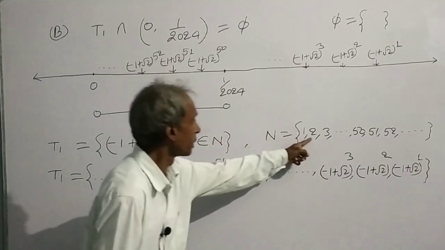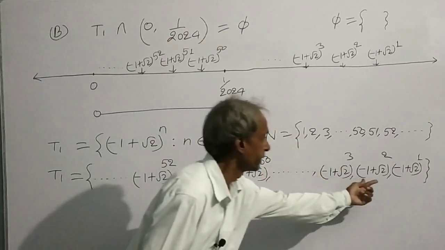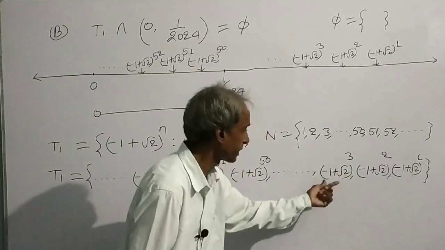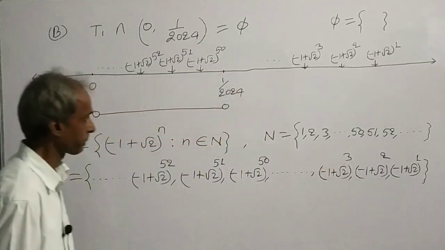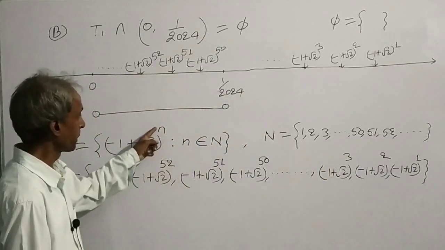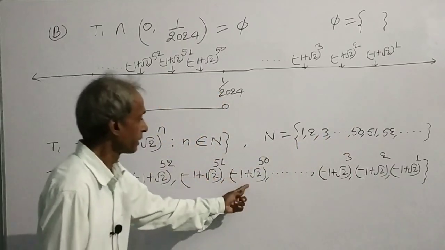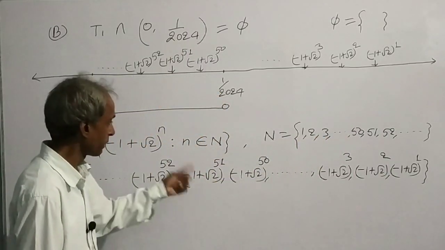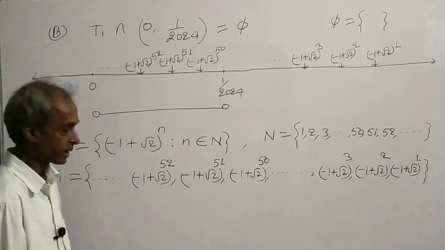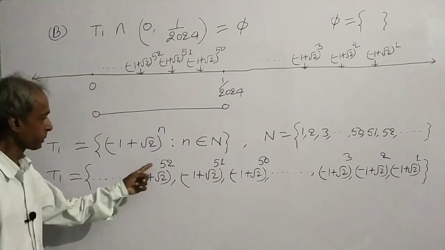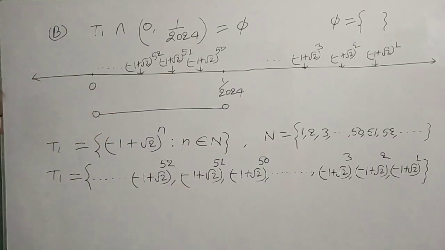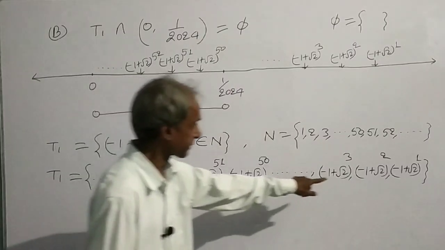Put 2 in place of n, then this number is also present. When we put 50 in place of n, this number is present. When we put 51, this number is present. When we put 52, this number is present. That means set T1 is this.